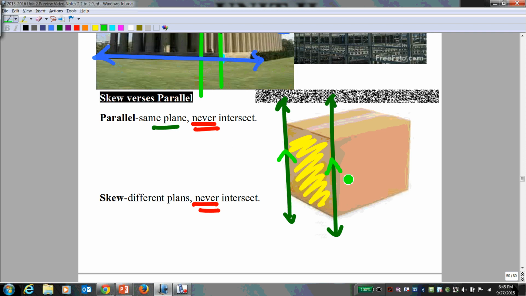That means parallel. But if you have two lines that never intersect, but different planes, for example, again, let me go ahead and pull this blue line here, trace it. Now that blue line is on this top blue plane.